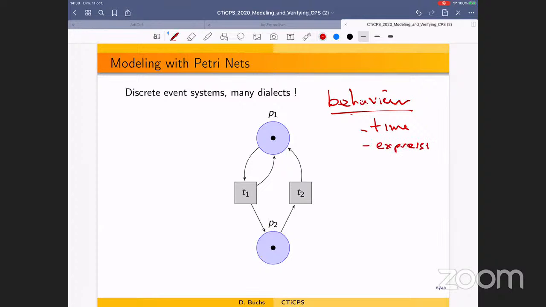If you know a little bit about PetriNet, you heard about the fact that there are, for instance, inhibitor arcs that increase the expressiveness of PetriNet, which is not identical to the Turing machine, for instance. So this is a computational expressivity.